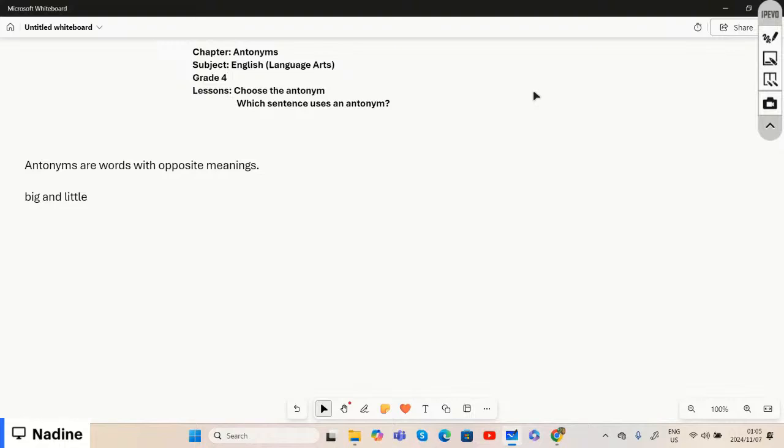The lessons we are going to focus on today under the chapter of antonyms are to choose the antonym, and which sentence uses an antonym.